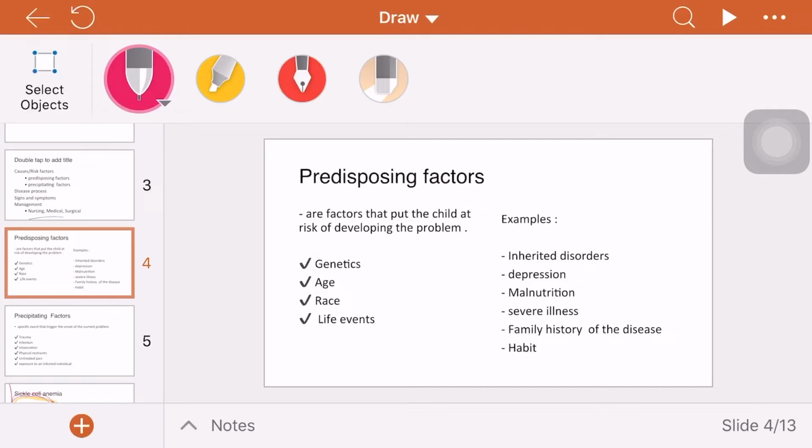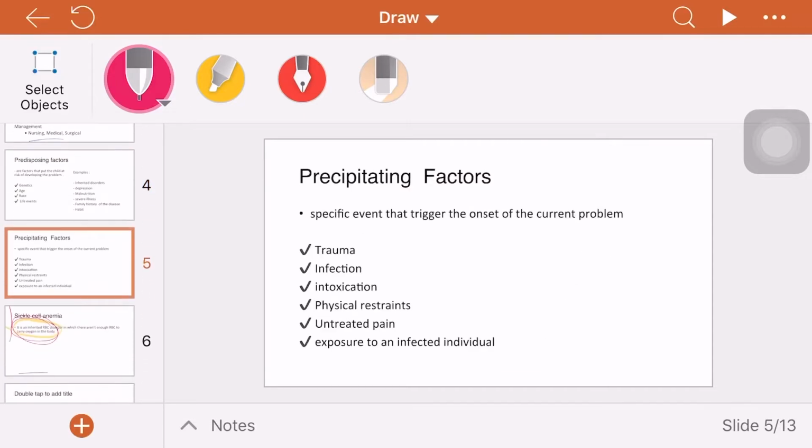You have a higher rate of occurrence of the disease. Mga predisposing factors. For precipitating factors, these are specific events that trigger the onset of the problem, or events that occur shortly before the onset of the disorder and appear to have induced it, or kanang nakapa-trigger sa problem. Example, trauma, infection, intoxication, physical restraints, untreated pain, exposure to an infected individual.